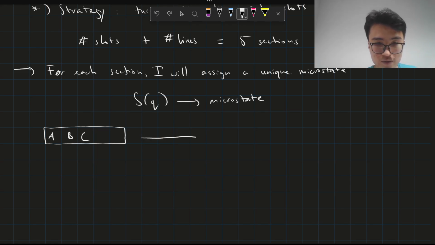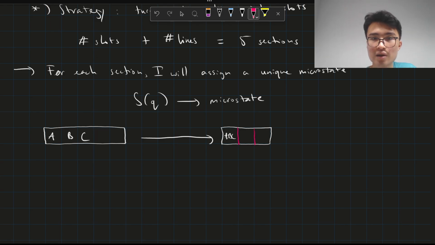This is a microstate that we have, for three slots here. So this equates to ABC belonging in the same slot, slot number 1, and the rest has 0.